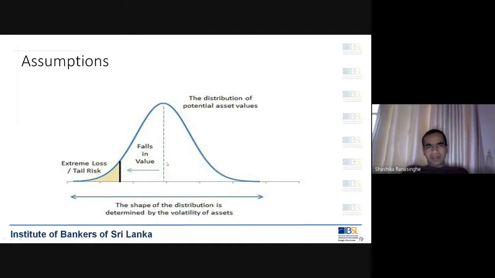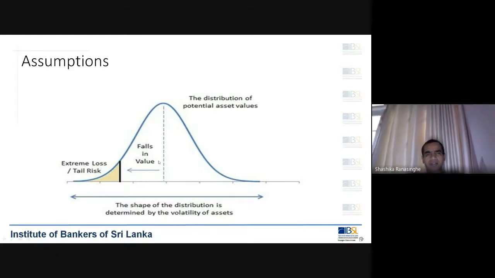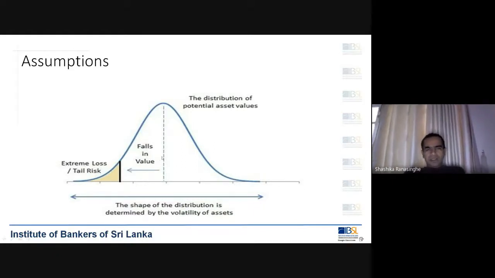And the center line is where you get the average, right? And from the center up to the end is called the distribution, right here, the distribution of the potential asset values, right? So what is on top is above the average, and what is below the center line is called below average, right?